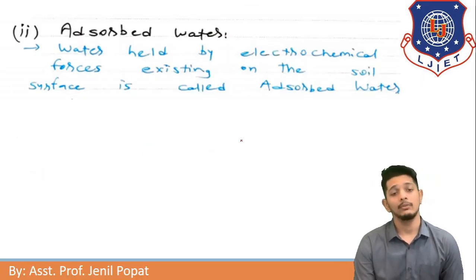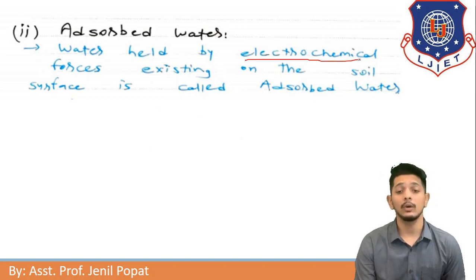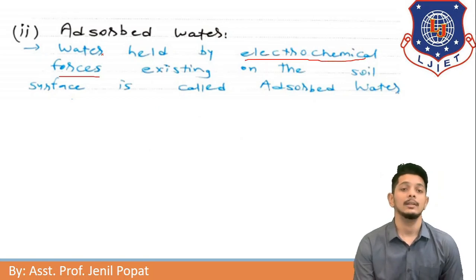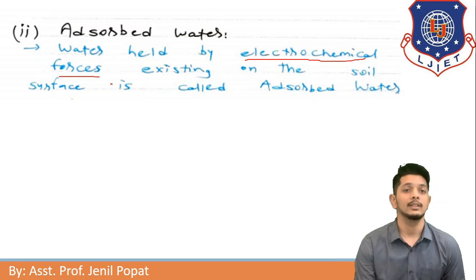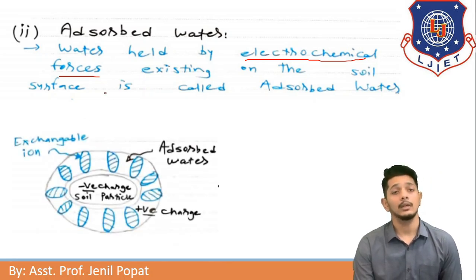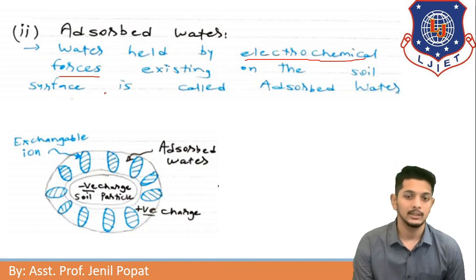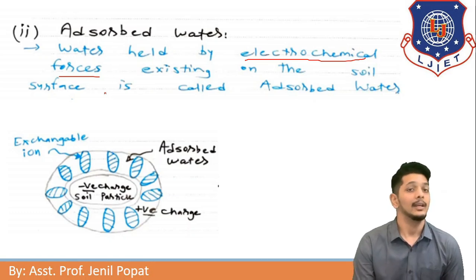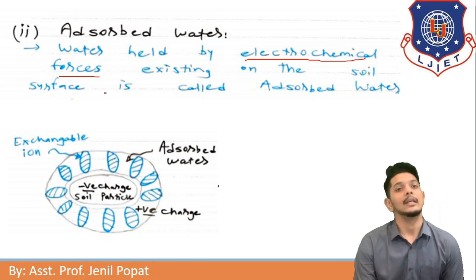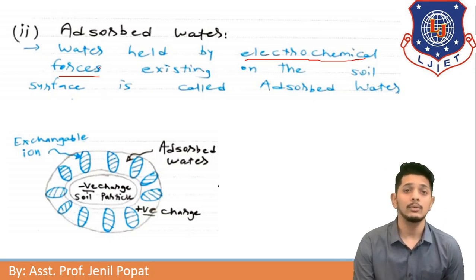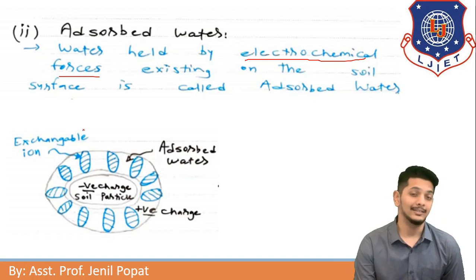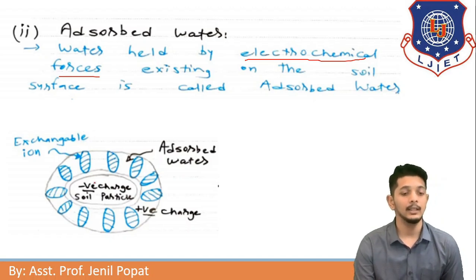Adsorbed water. Water held by electrochemical forces existing on the soil surface is called adsorbed water. Here, electrochemical forces are mentioned, and as we remember, electrochemical forces do include electron, proton, and neutron. Let us understand a basic soil particle.